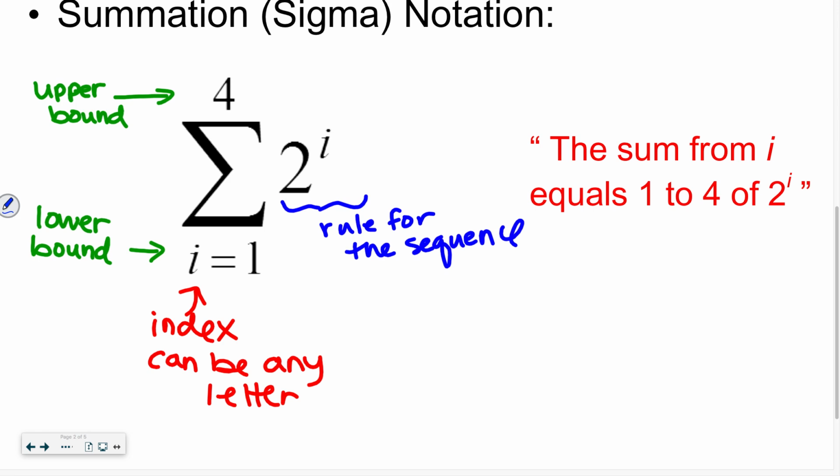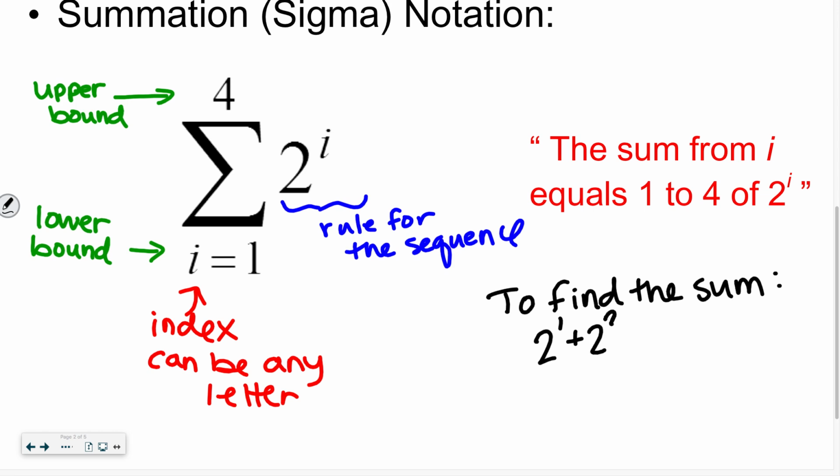If we actually wanted to do this, to find the sum, we would have to do 2 to the first plus 2 squared plus 2 cubed plus 2 to the fourth. Right?